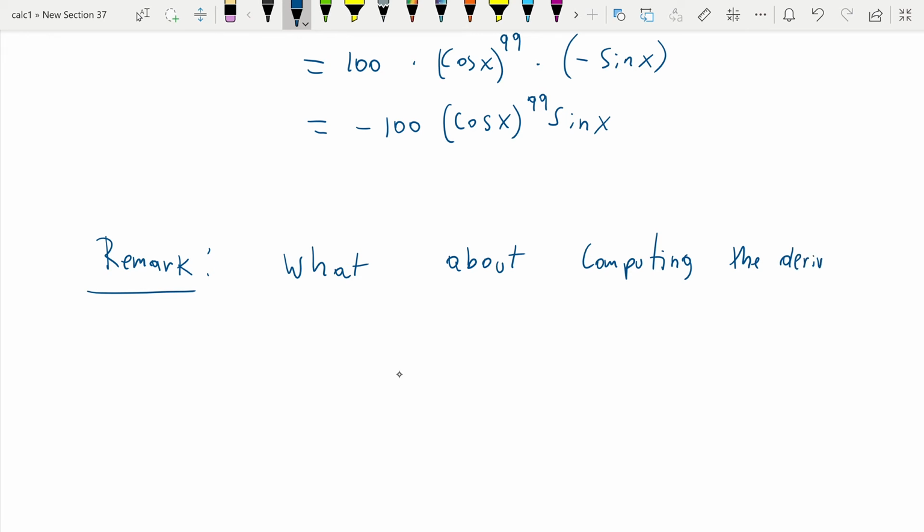What about computing the derivative of, say, cosine of x to the sine of x?